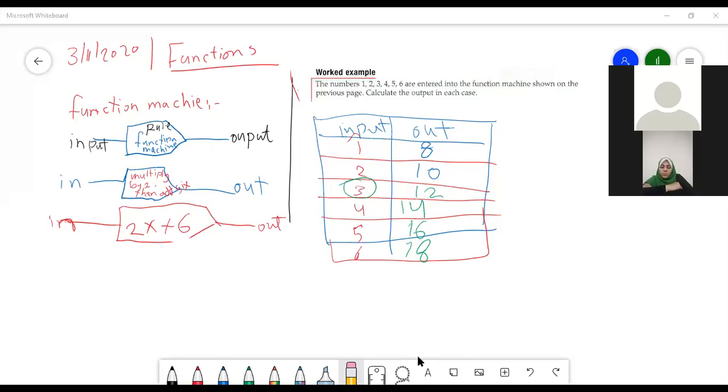So we can represent the information in a table. Information means the output and the input. And we can also represent or show the information in a diagram called a mapping diagram.